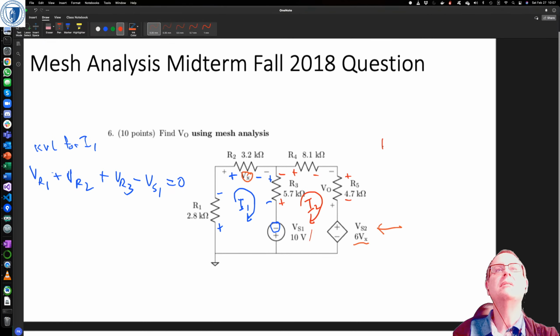And then the KVL for I2 is going to be, let's just write it out as VS1, and it's going into this side now, so it's plus VR3, remember, which is a different VR3 from this VR3 because of the polarity switch, plus VR4 plus VR5 plus VS2.